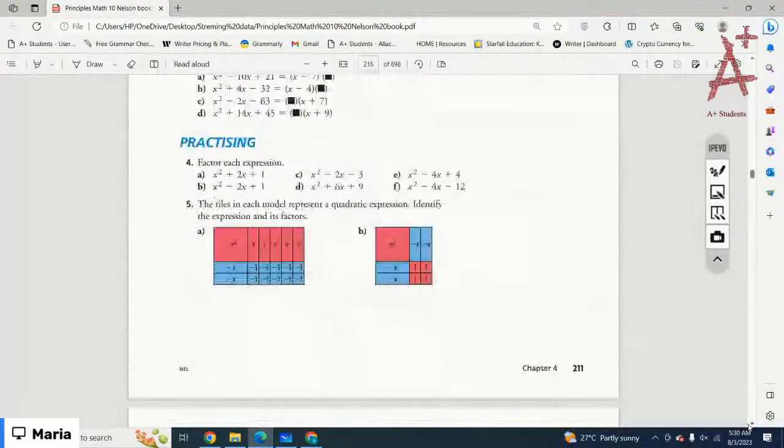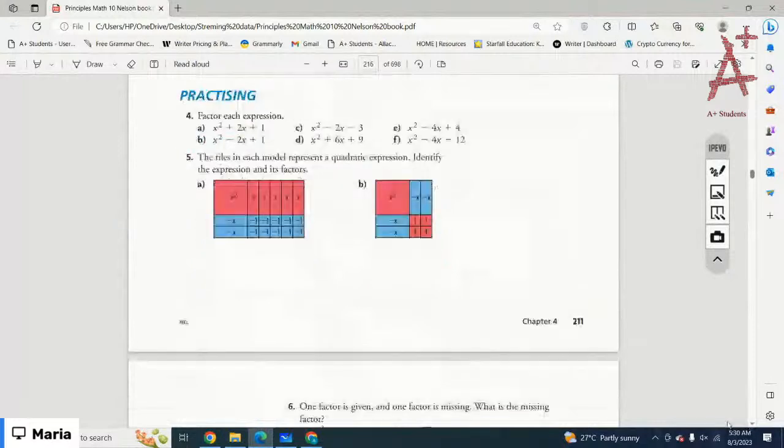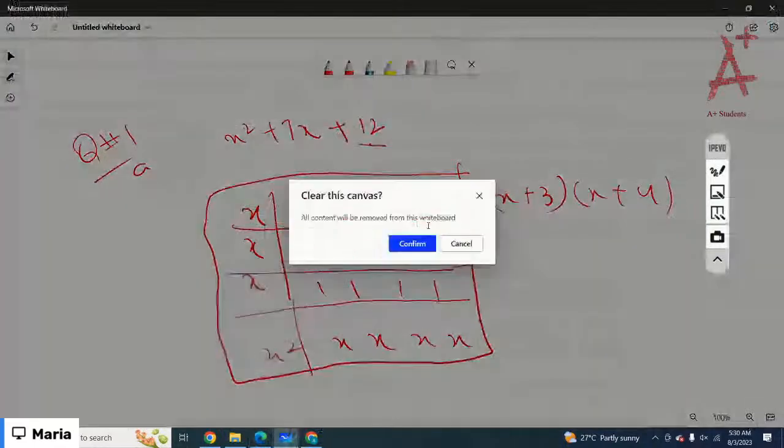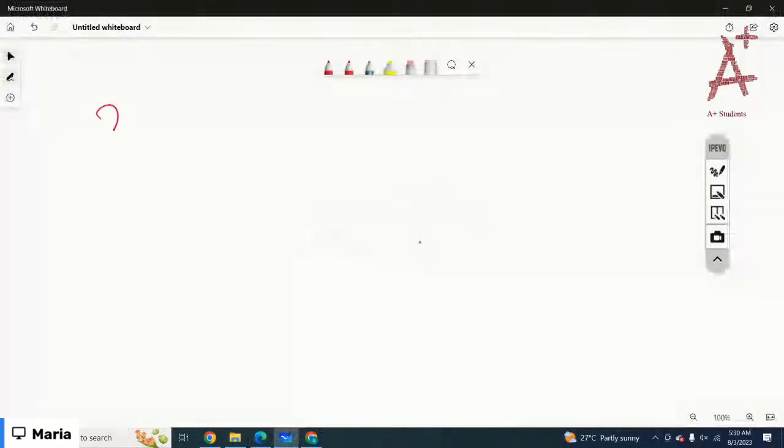Factor each expression. Okay, x square plus 2x plus 1, question number 4a. We have to factorize this equation.